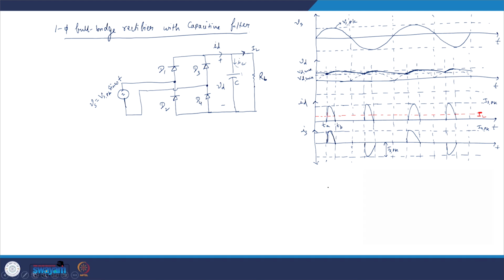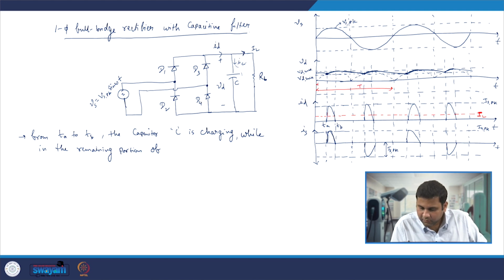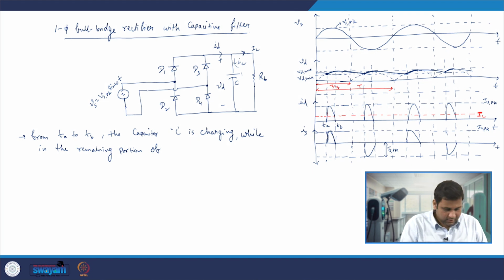Now let us see some of the things we see from here. From Ta to Tb period, the capacitor C is charging, while in the remaining period, let us define this time from here to here as T. From here to here it will be T by 2, where we can write T is nothing but 1 by Fs, which is 50 hertz, and we can also write omega, which is 2 pi Fs.